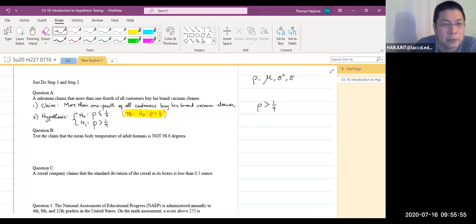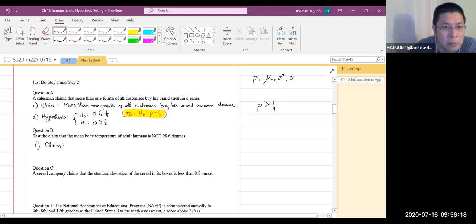Now, question B. Test the claim that the mean body temperature of adult humans is not 98.6 degrees. So step 1, claim. It's quite explicit, right? Test the claim that. What is the claim?